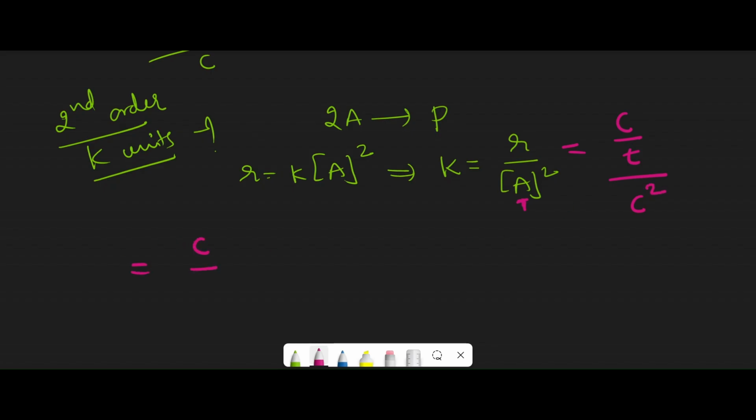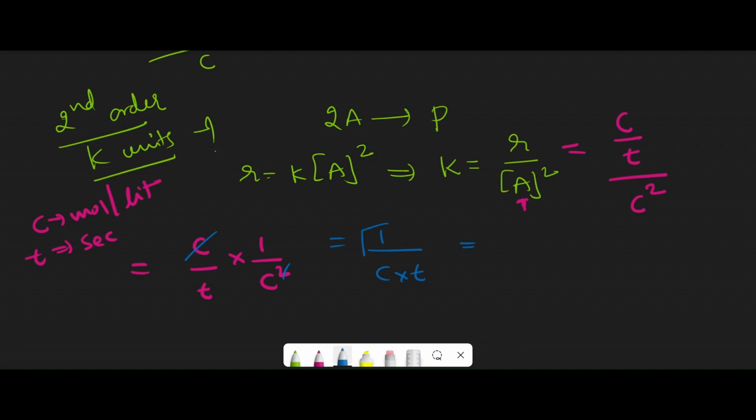So upon simplifying, c by t into 1 by c square, where c is nothing but mole per liter, and time is nothing but seconds. Clear? So upon simplifying, the c square gets cancelled and we have got 1 by c into t.